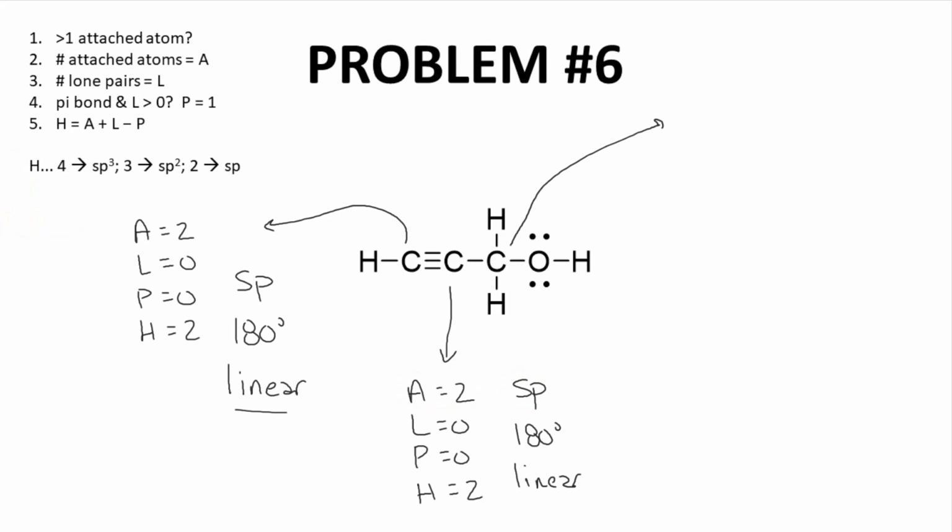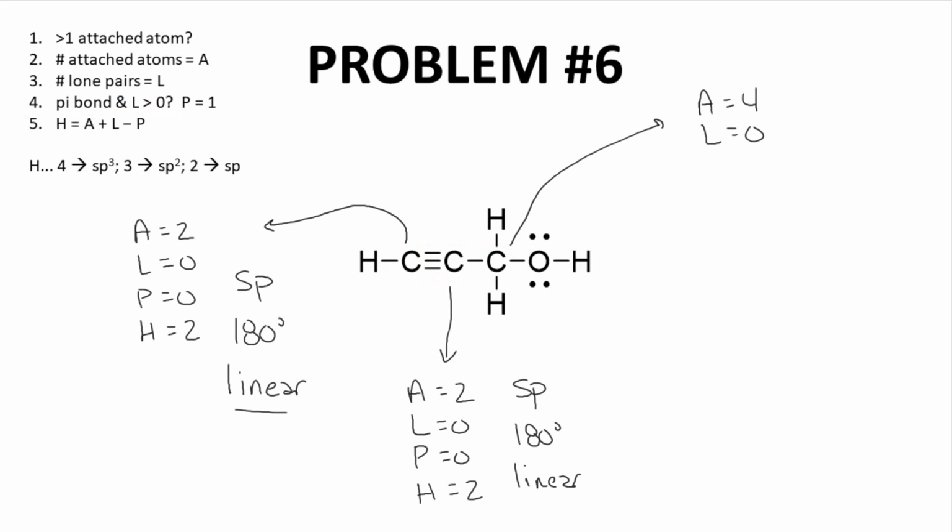Okay, let's do this next carbon. Little pen trouble. We'll go to the upper right. This carbon is attached to 1, 2, 3, 4 atoms. It's a carbon, so lone pairs are uncommon. Now, this is interesting. This carbon is next to a pi bond. It's a triple bond, so it's actually next to 2 pi bonds. But it doesn't have any lone pairs, so this fourth rule doesn't really apply.